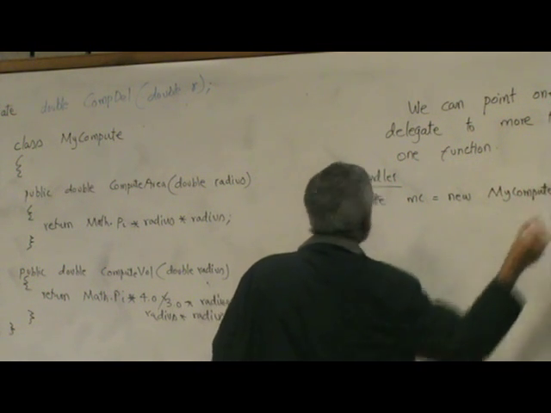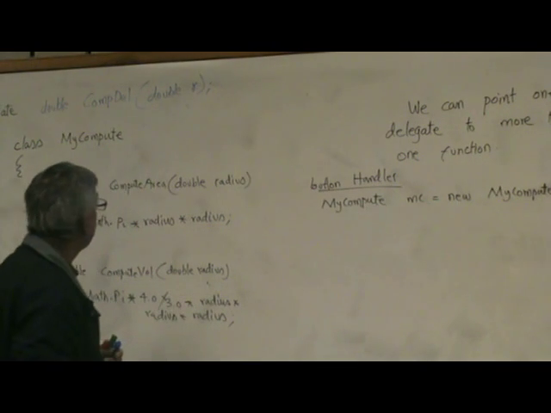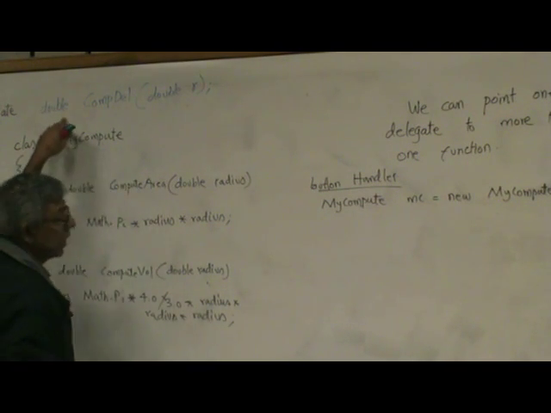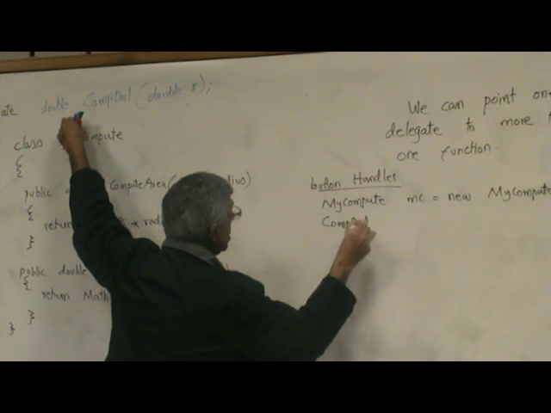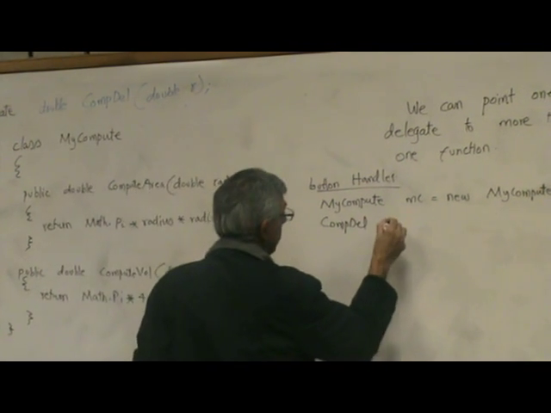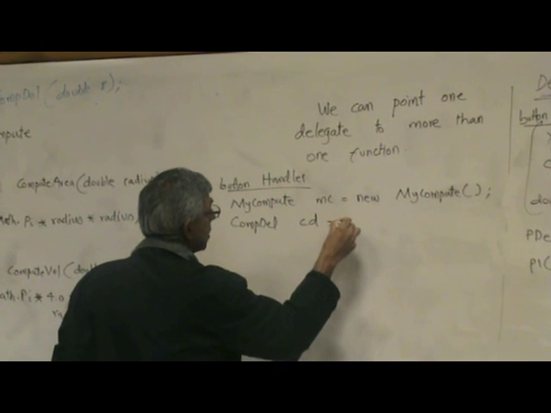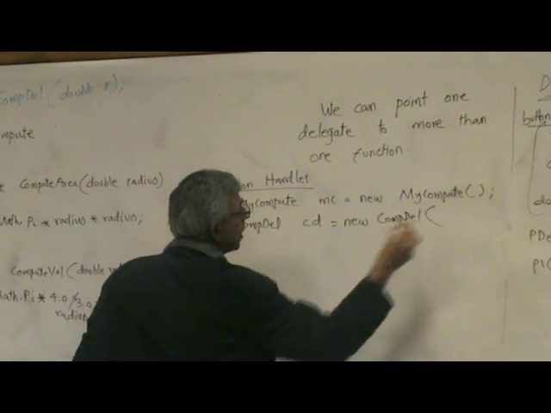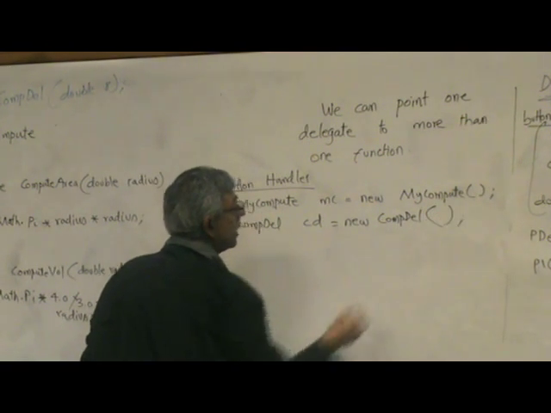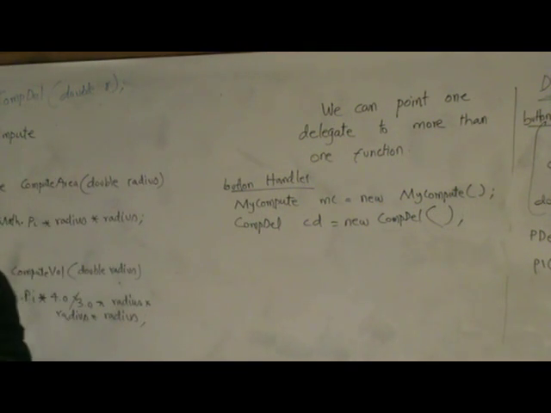Right? Okay, and now we try to create one object of the compute delegate. So CompDel cd equal to new CompDel. Can I leave the constructor of the delegate blank?